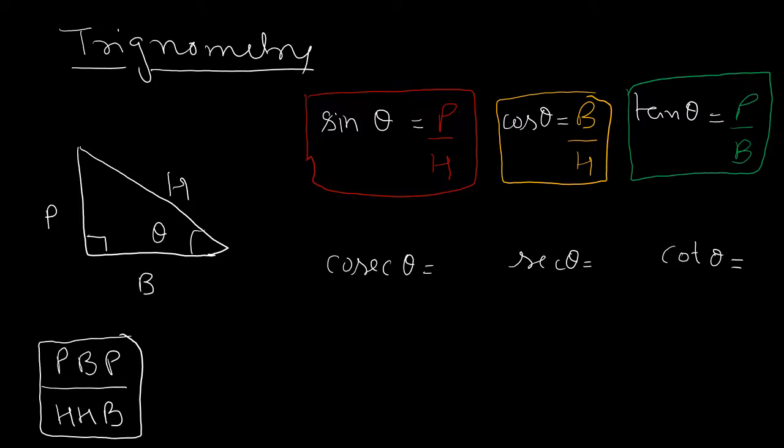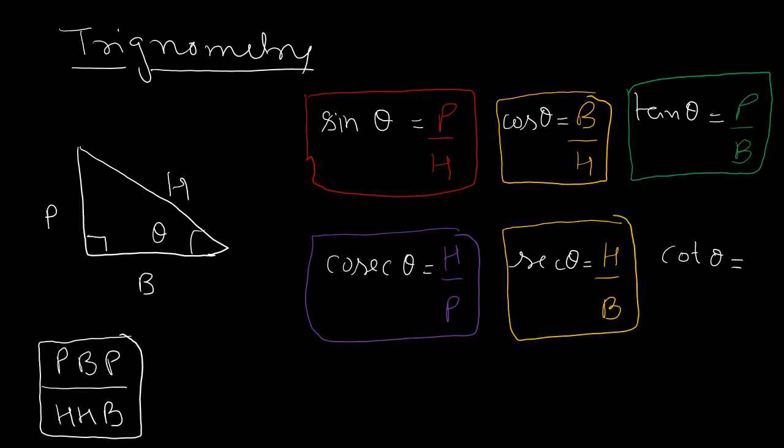Now cosecant. So cosecant is just inverse of sine, so then it's gonna be H over P. Secant theta will be inverse of this cosine of theta, so it's going to be your H over B, and cotangent is inverse of tangent, so this is going to be B over P. So that is our basic relationships about the different sides of a triangle.